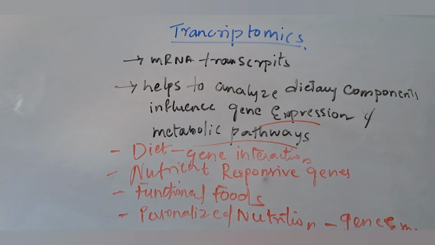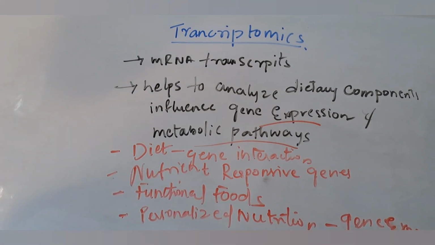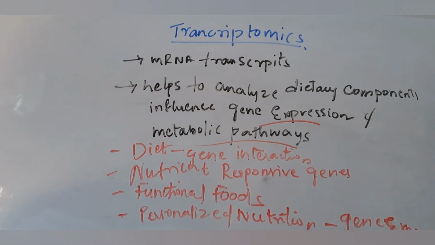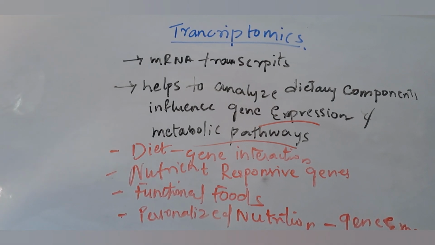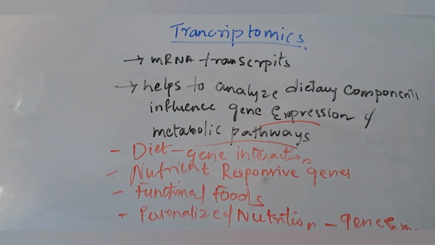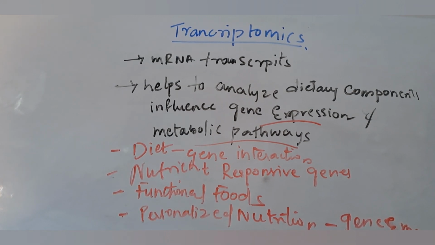Firstly, the definition is clear, and here the role of transcriptomics is to study diet-gene interaction. So it will help us understand how this interaction works. For example, vitamin D influences the expression of genes related to immunity and bone health.